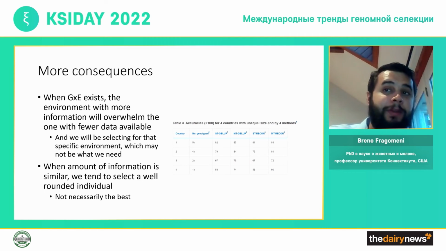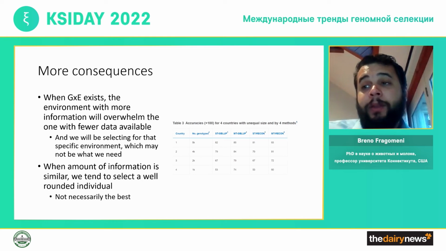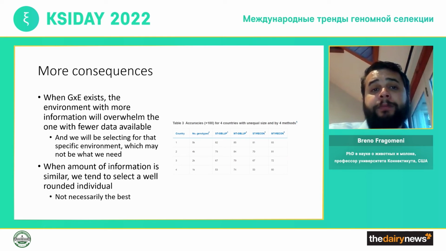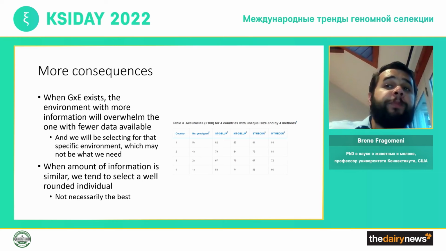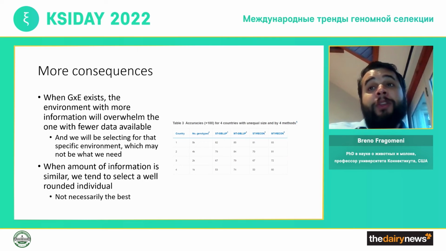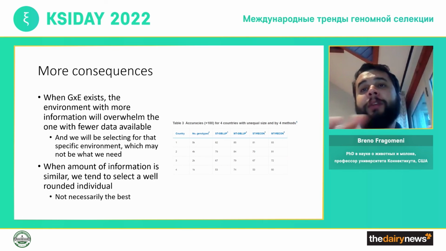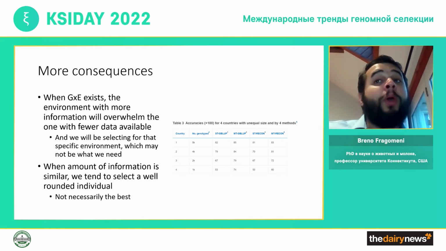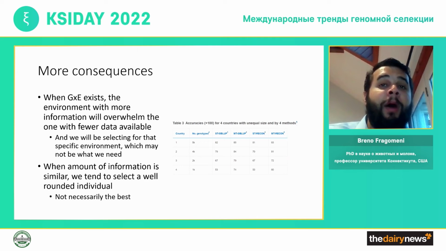So splitting that into several populations that are genetically correlated will fix that. If we ignore that, we're going to select either the best animal for one specific region or the animal that is well-rounded and that will do okay in all the regions, but not necessarily the best among them all.